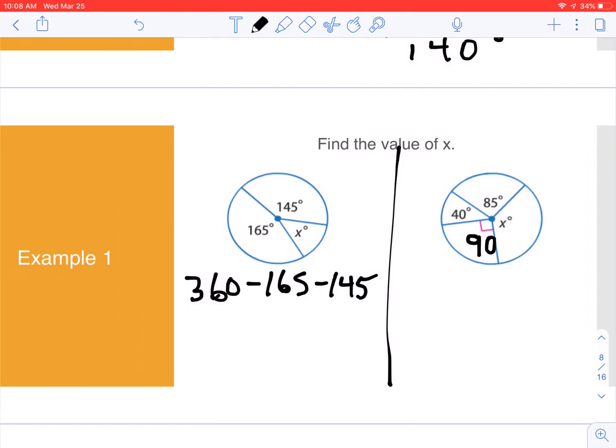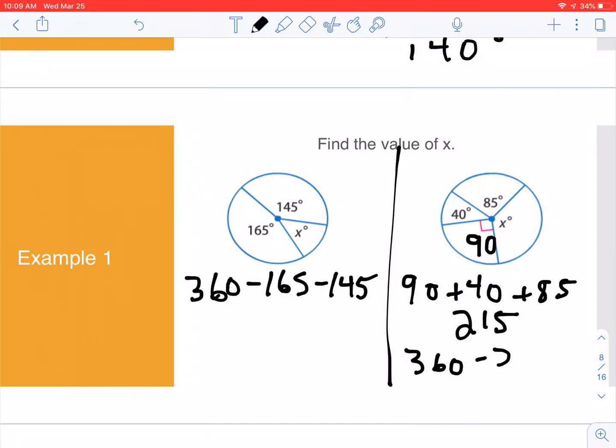Okay, and I'm going to add all those up. So 90 plus 40 is 130, plus 85. If I do that in my calculator, I'm going to get 215. Okay, and then 360 minus 215.